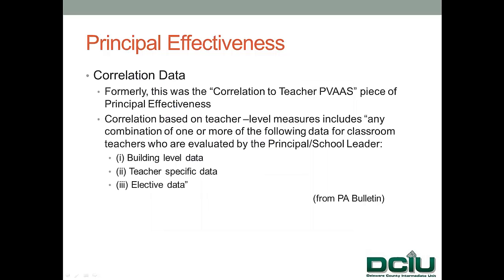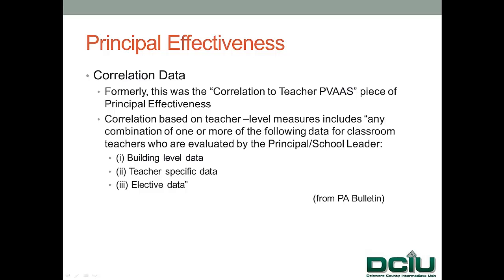So, correlation data. In the past, we've seen this referred to as correlation to teacher PVAS. Once again, teacher PVAS, that teacher-specific data element, is a bit larger than that. And so the correlation data for principal effectiveness is a bit larger as well.